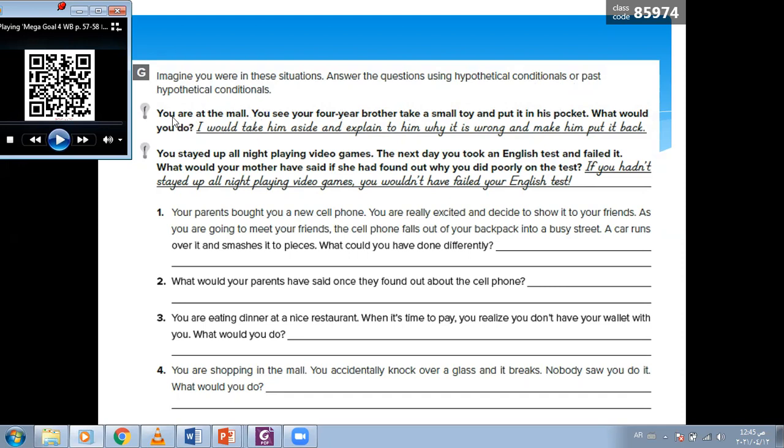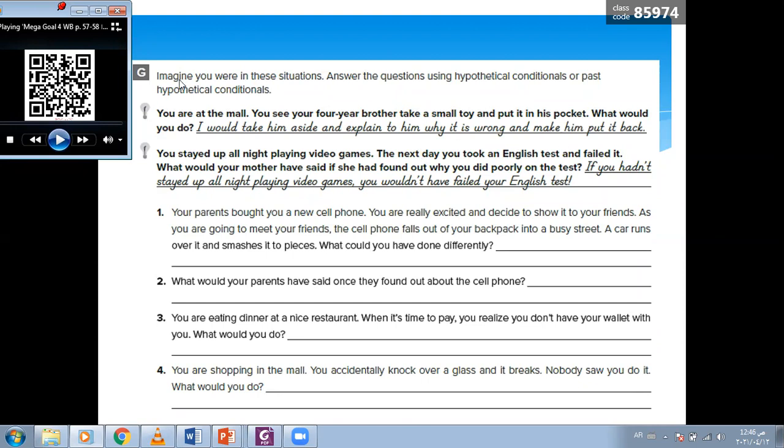As you see here in the example, you are at school. You see your 4-year brother take a small toy and put it in his pocket. What would you do? The answer is, I would take him aside and explain to him why it is wrong and make him put it back.